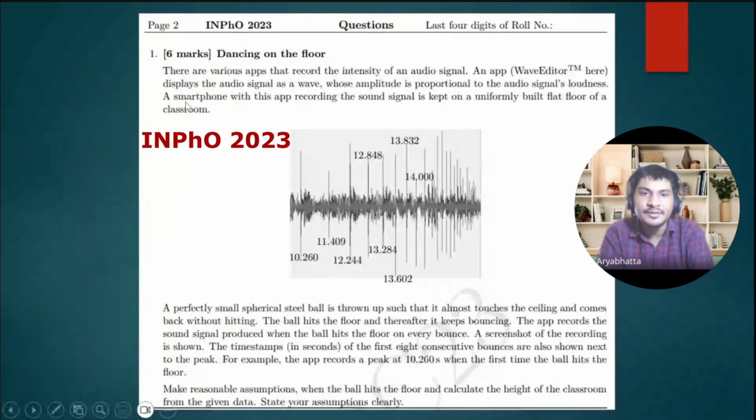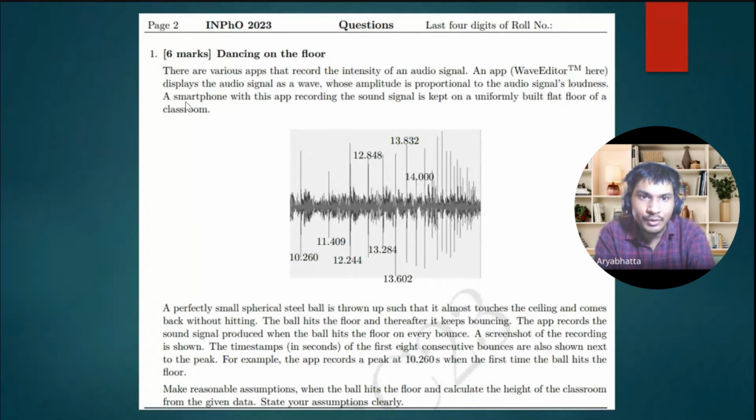So this problem is from INPhO 2023. This problem is about a ball that is thrown from the surface such that it almost touches the ceiling, and then it comes back without hitting.